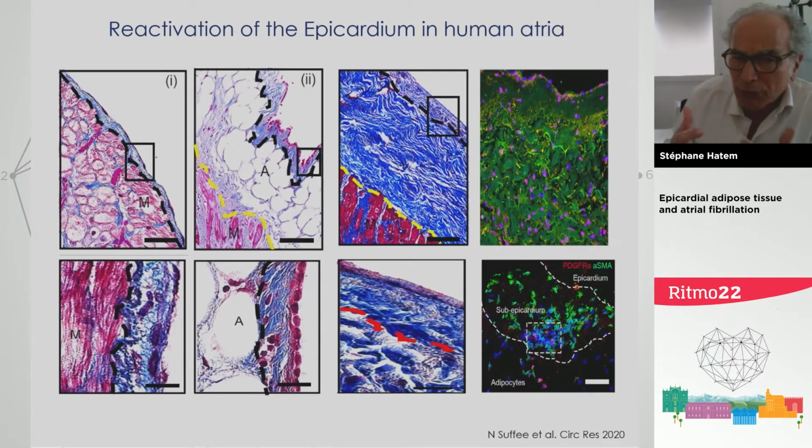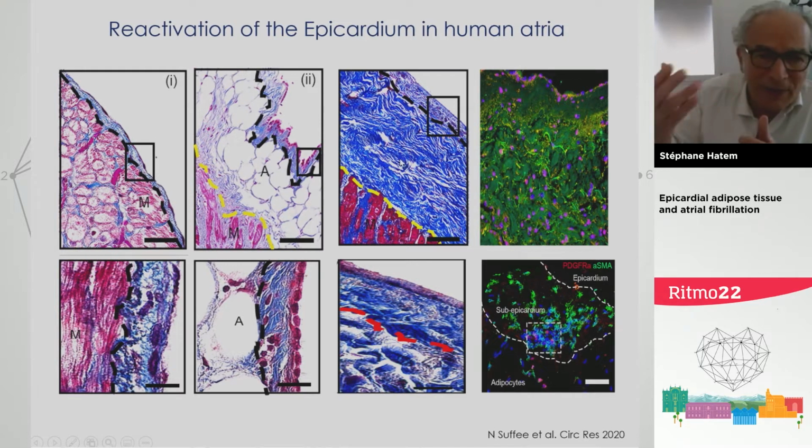Then we tried, again, to examine why some of this subepicardium becomes fibrotic. There is the immunity, but also you can see that some of the epicardium, this is a human atrial section, is very fibrotic.